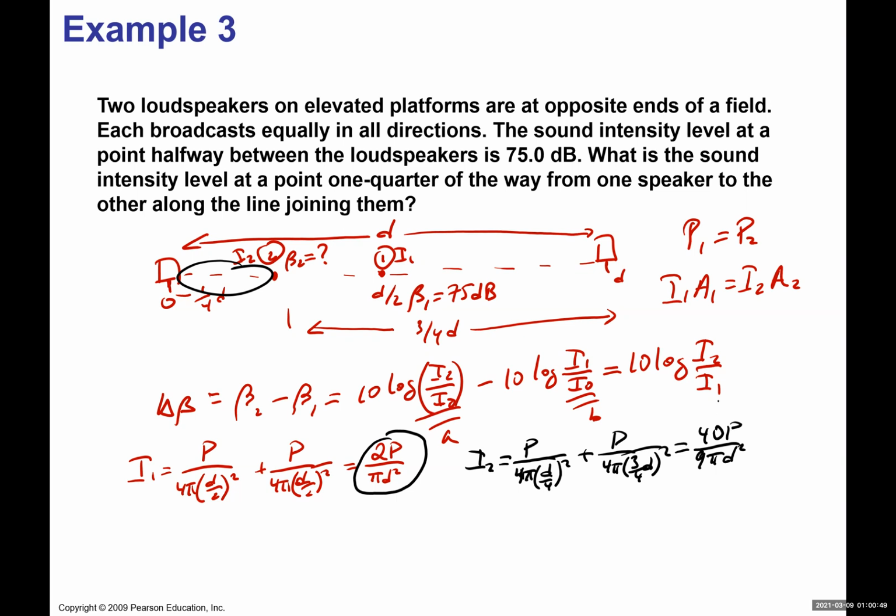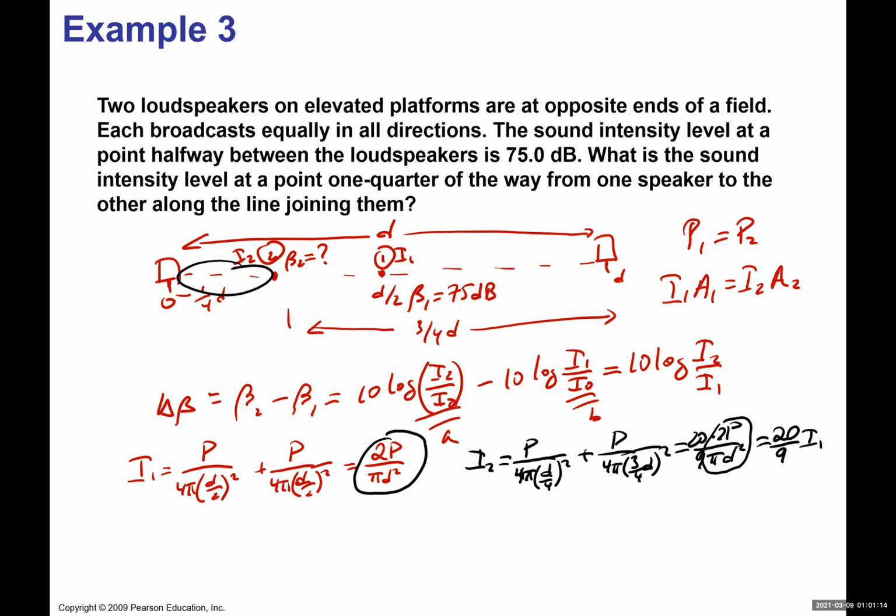So I can rearrange this in terms of I1. It's basically 20 over 9 times I1, because this is 20 times 2, and that's my intensity 1.